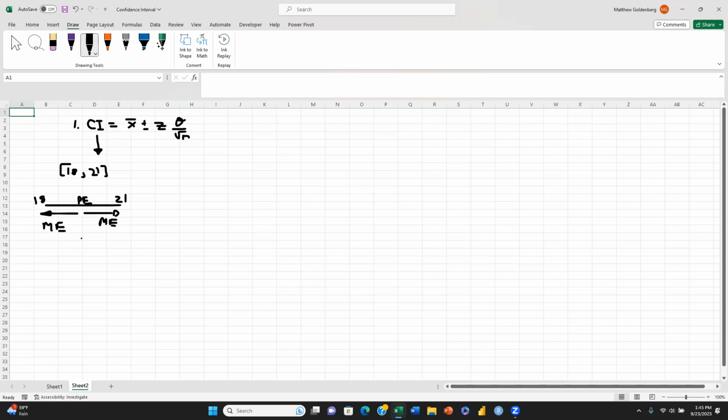You can sort of see this theory at work, because if you broke this down further, you could say x bar is plus or minus some distance from the mean. So remember, z is x bar minus mu over sigma over the square root of n, and then it's times sigma over the square root of n. These cancel out.